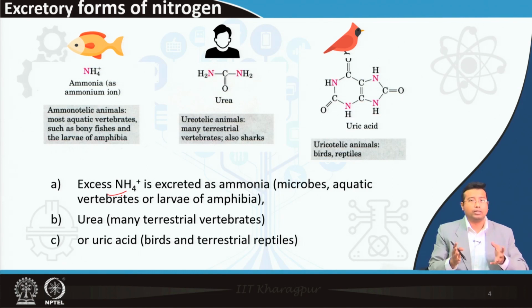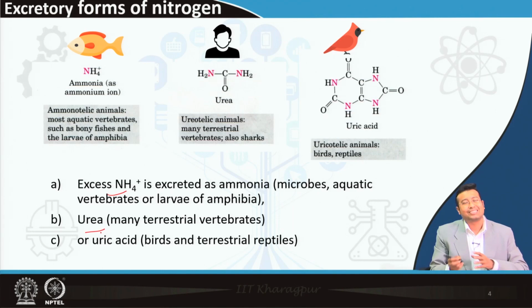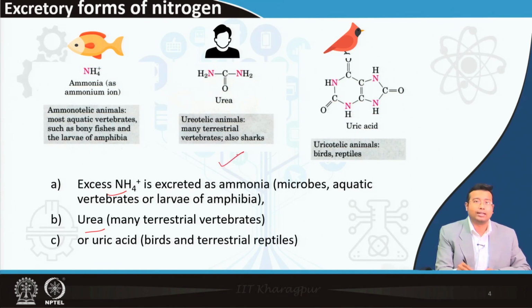The majority of nitrogen from proteins is excreted as urea in our case. And for birds and a few insects and reptiles, where water is very scarce in their metabolic pathway, they are uricotelic, which means they excrete uric acid. Mammals, humans, are ureotelic, all right.